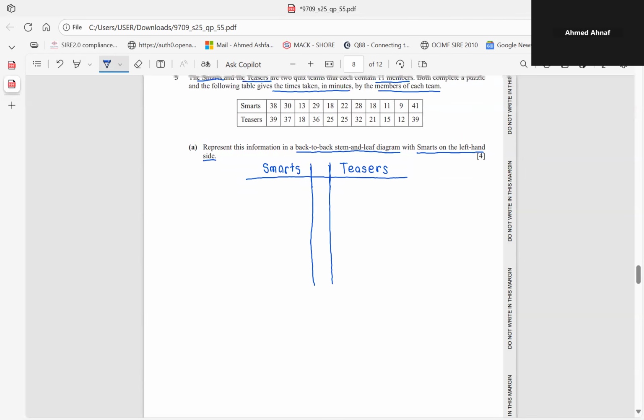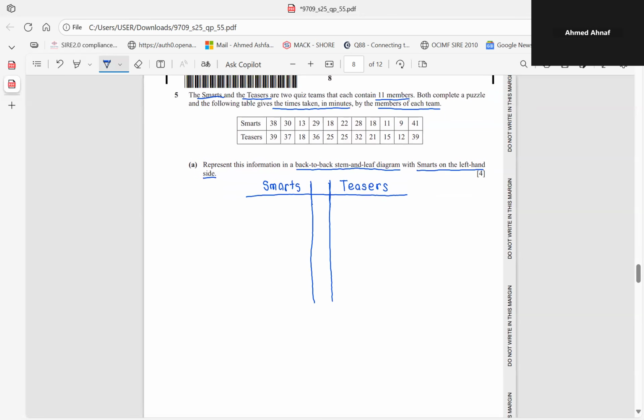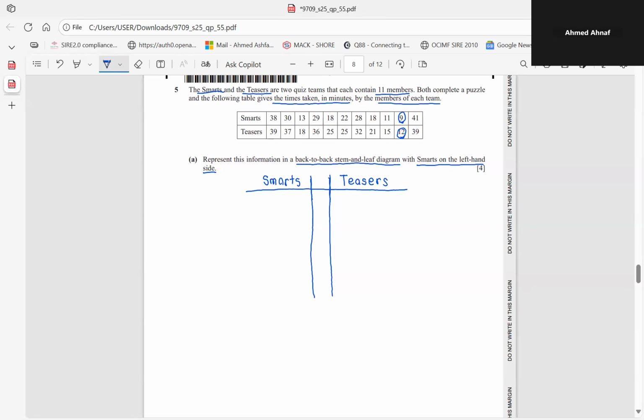Okay, so let's look for the lowest timing. For the Smarts, that would be 9. And for the Teasers, that would be 12. Yeah, 9 and 12. How do we represent this?